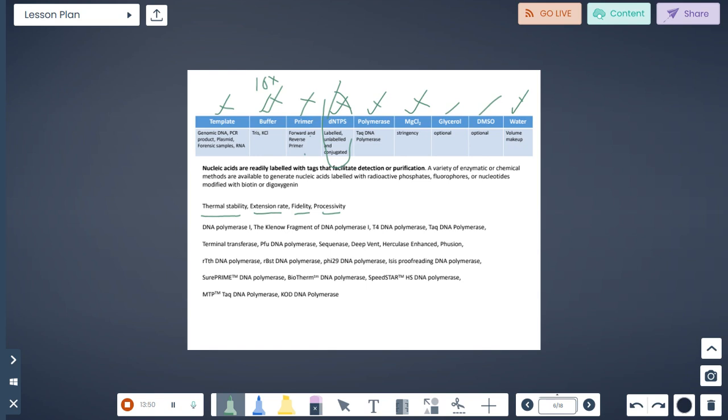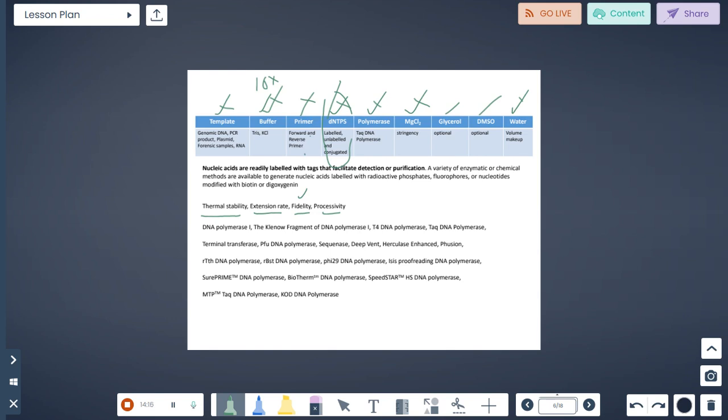So fidelity means the accuracy of adding the nucleotide. So when the polymerase reaction is continuing, whether the right nucleotide is added in the PCR product. Processivity means how long the enzyme and the template stay bound before it leaves the template. That is called the processivity.